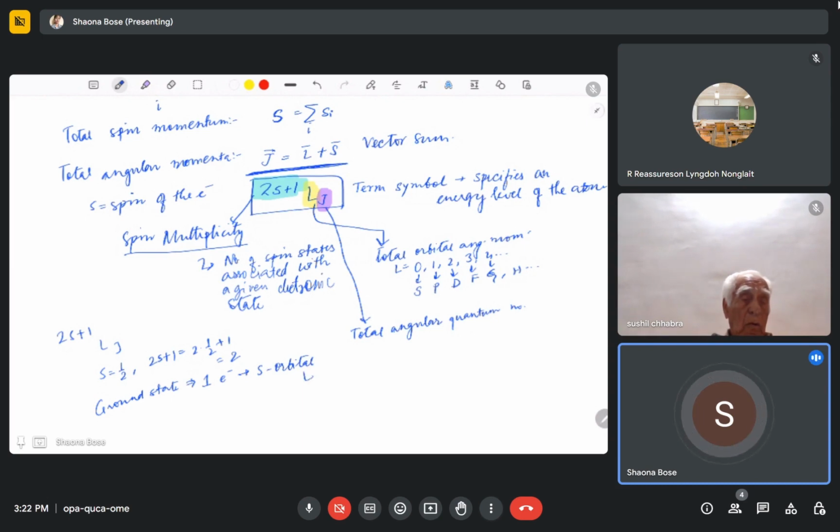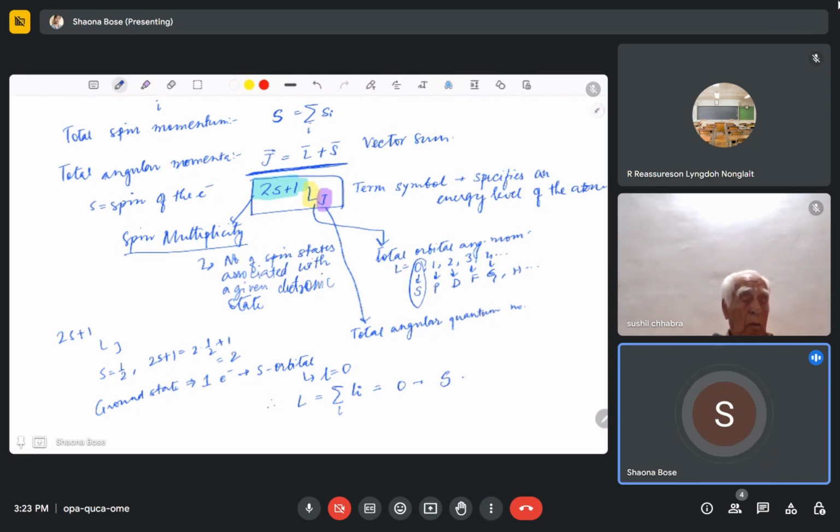So that means L is equal to 0. Therefore, the total angular momentum, the summation of Li, there is only 1, so this is 0. That means 0 stands for S. So this will be S.